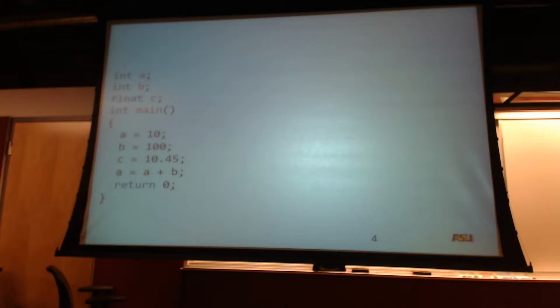Which means that associated with each of A, B, and C, there should be a memory address. So let's say the address of A is capital A, that of B is capital B, and that of C is capital C. So what do you do for the first line, A equals 10?